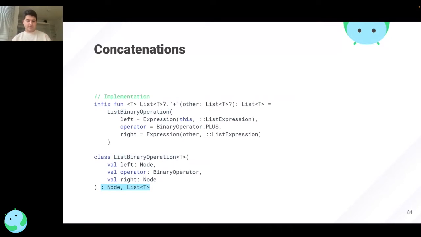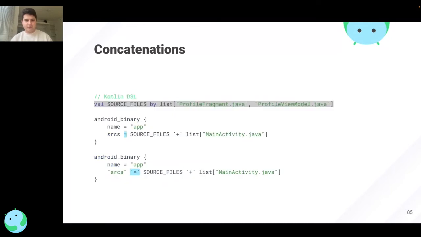And another thing is that this binary operation itself is a list. It implements the list interface, and this is how we pass the result of this plus operation to a function which expects just a list. So again, we are preserving type safety.